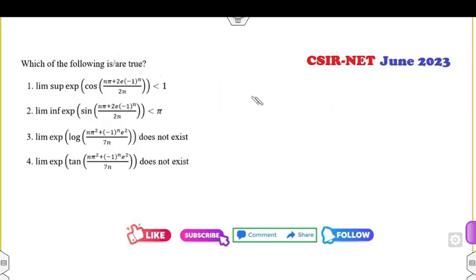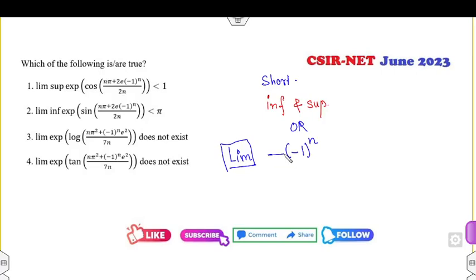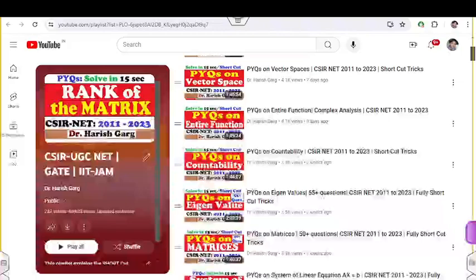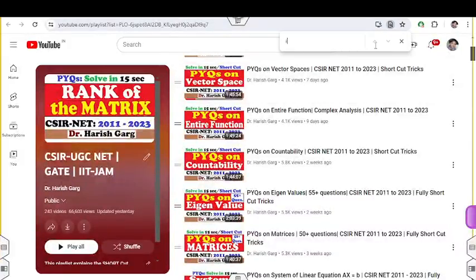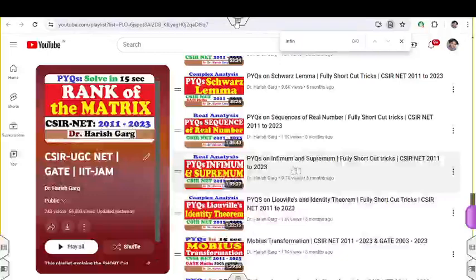Now look at that. This is a question related to the infimum and supremum. Always remember my shortcut tricks. Whenever you see the term (-1) raised to the power n and the limit in the same question, I recommend you first watch my previous lecture on the infimum and supremum, and my PYQ questions on the infimum and supremum.